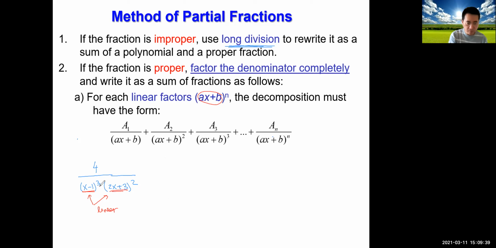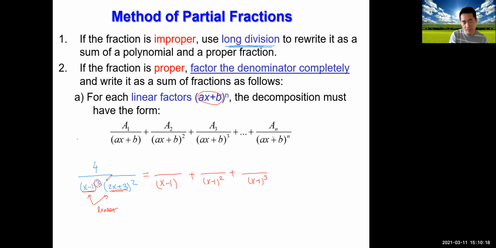So if you see the 3 there, that means the first fraction will have the form x minus 1 to the first power. The second one will be x minus 1 to the second power. You see how that goes, from 1 to 2 to the third power. We stop at 3 because that's the power.